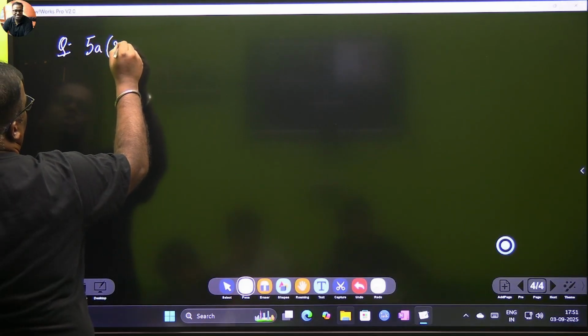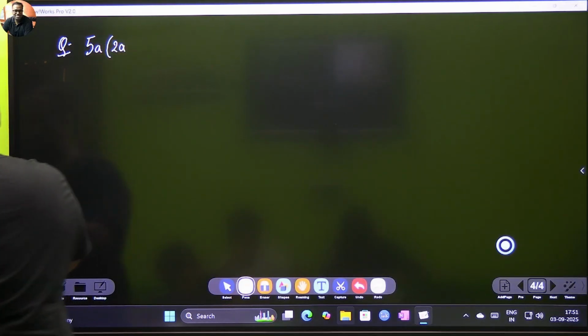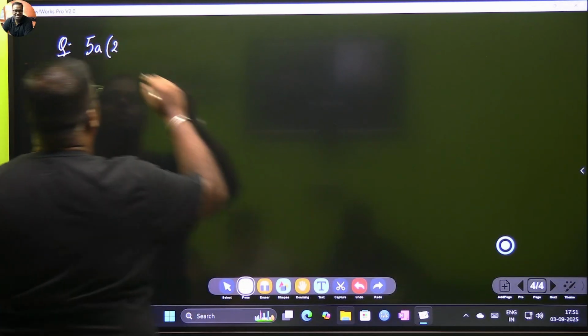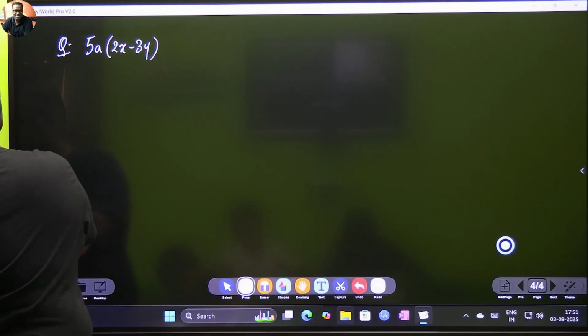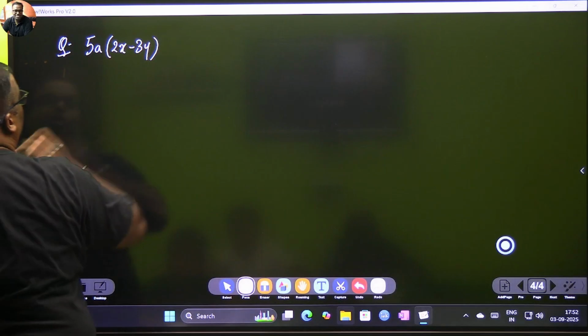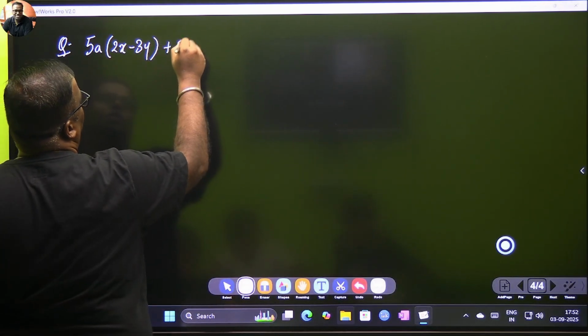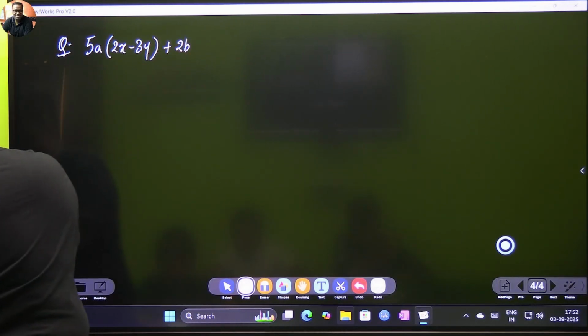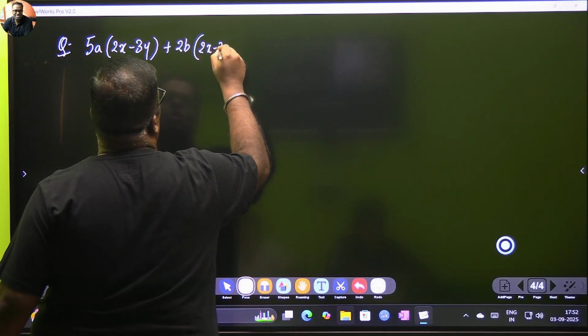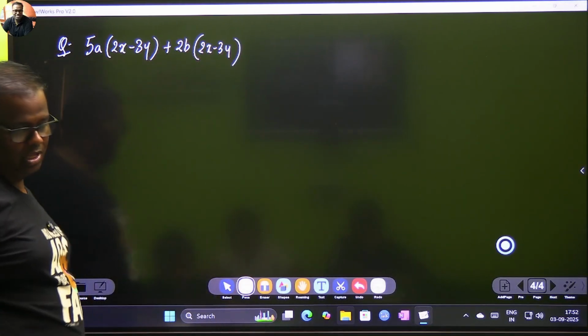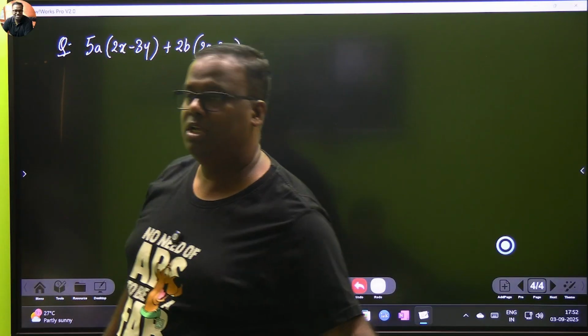So this is 2x minus 3y. And now I will show you one more technique. Okay. Now how to do these sort of problems?